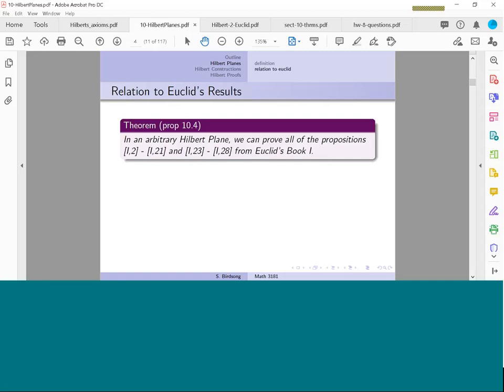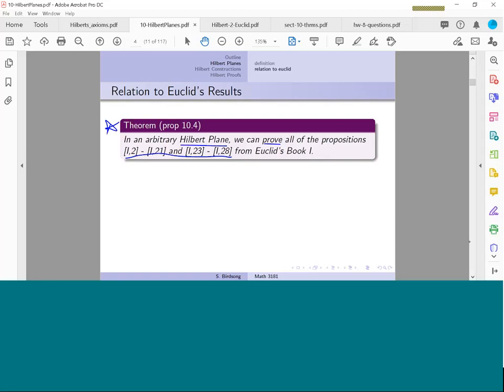What that means is eventually we're going to have to get back all those results. So here's the first tie-in. It says if you have some arbitrary, so any old Hilbert plane you want, as long as the incidence, betweenness, and congruence axioms all hold, then we can show that all of the propositions up to 28 from Euclid's Book 1 also work in the model.